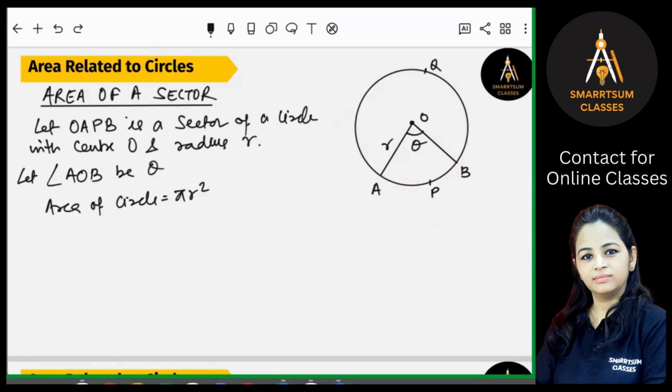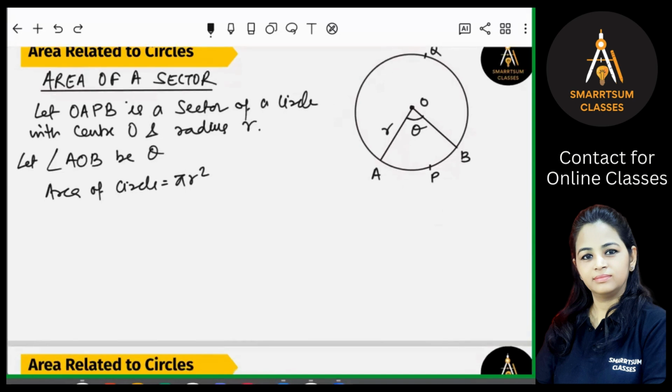So when the degree measure of the angle at the center is 360 degrees, we talk about this whole circular region as a sector having angle 360 degrees.